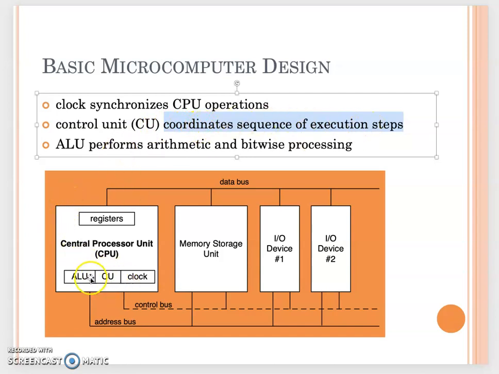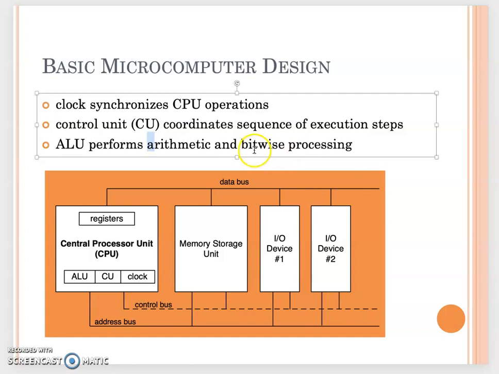Then in the CPU, besides the control unit, you have the other one called the ALU. ALU stands for the arithmetic logic unit. You can see from this name, this unit performs the arithmetic and the bitwise processing. For bitwise processing, think about the memory, where each byte contains 8 bits.